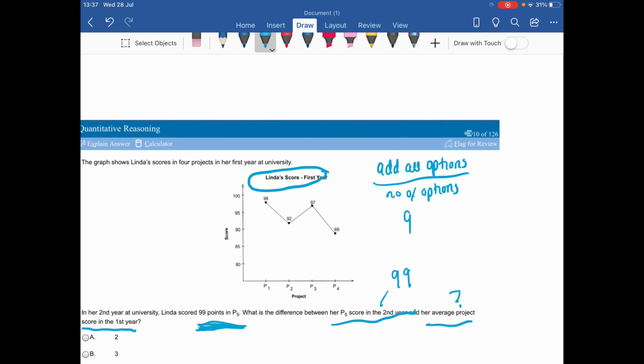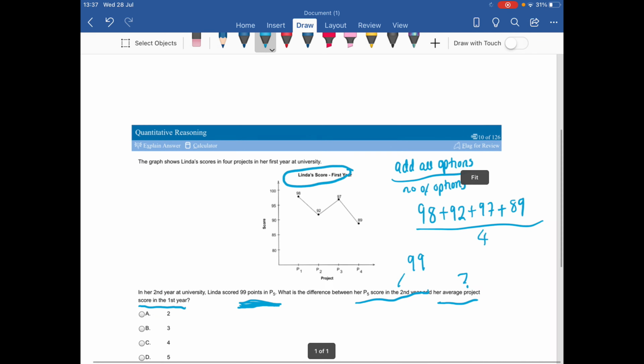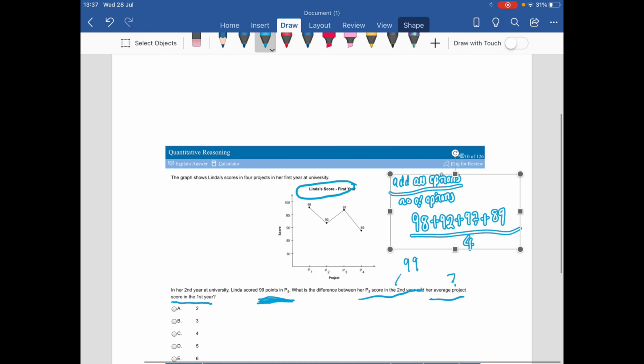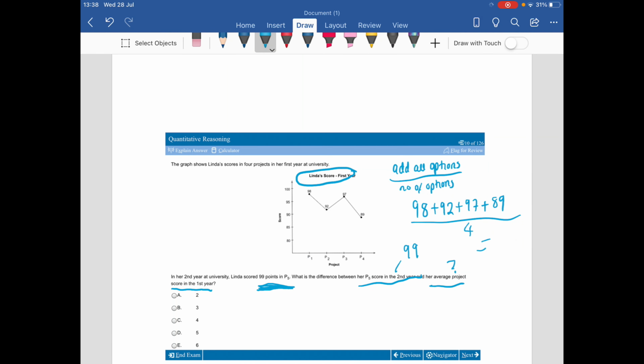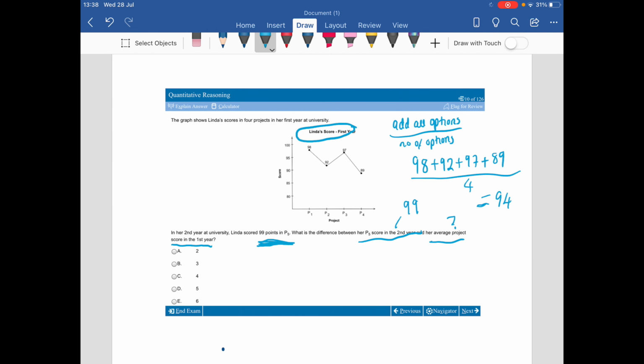So in this case you do 98 plus 92 plus 97 plus 89 divided by 4, and that will give you an answer of 94. Now the difference basically means subtraction. So you know that's 99 and you minus 94 from it. The answer is 5 points, so therefore the answer is D.